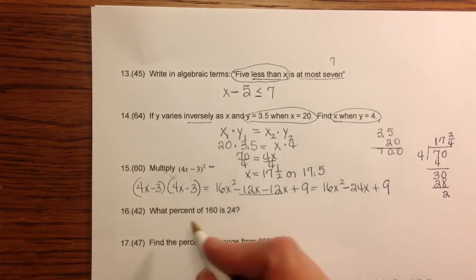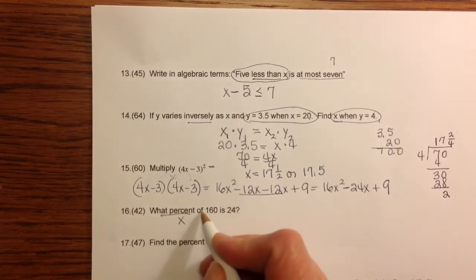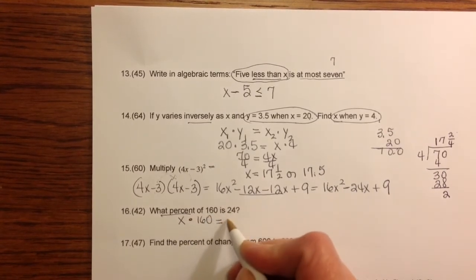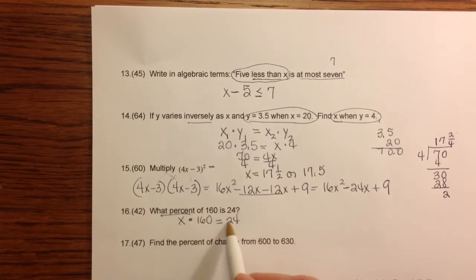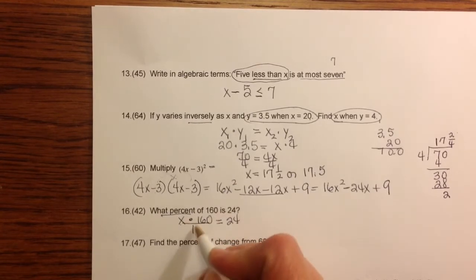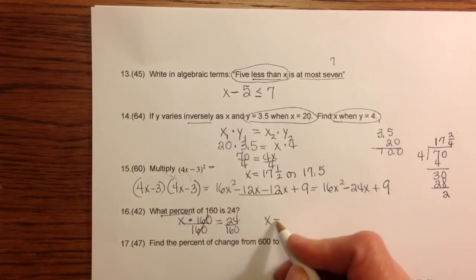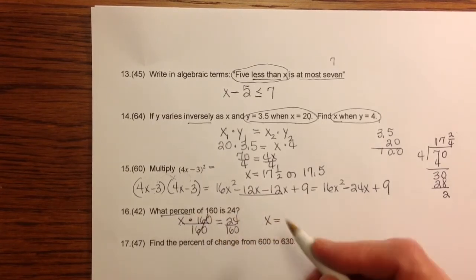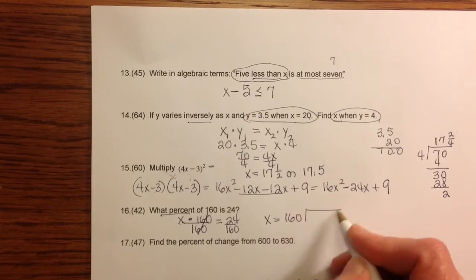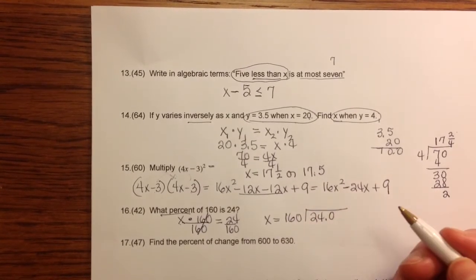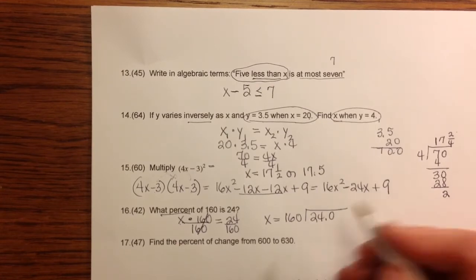Number 16. What percent, that's your x, of, that's your times, 160 is, that's your equals, 24. Well, notice you have 160 attached to your x, so we need to divide by 160. So x is equal to, and they ask for it as a percent, so I'm going to do it as a decimal. And just keep adding decimals, and add zeros.